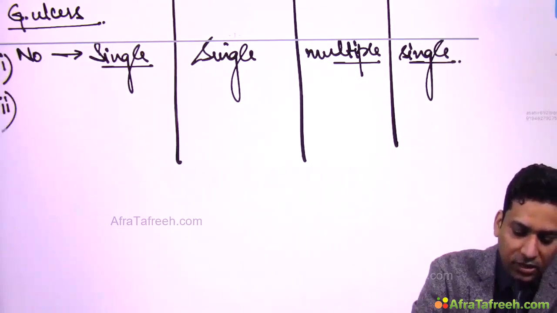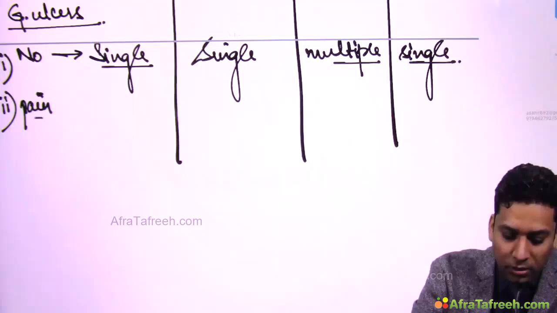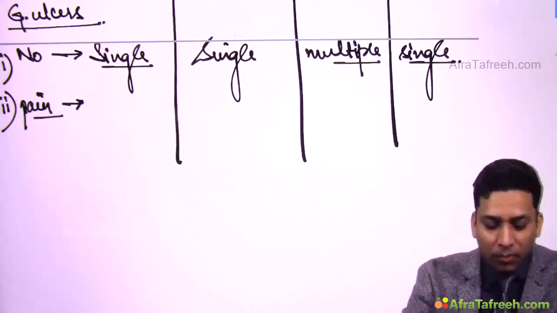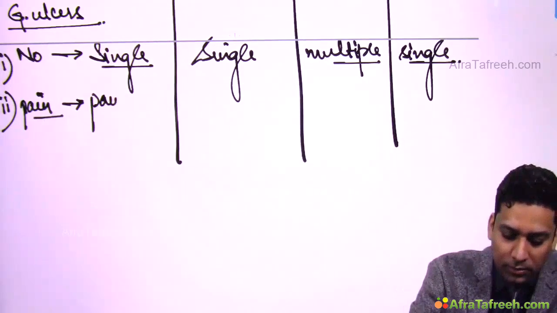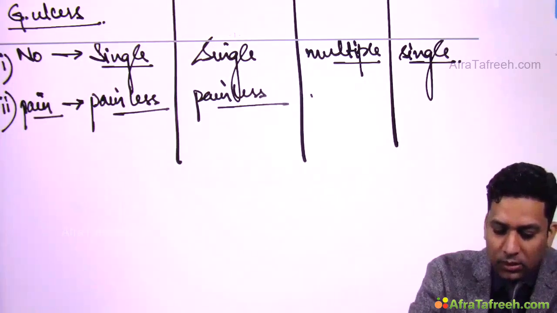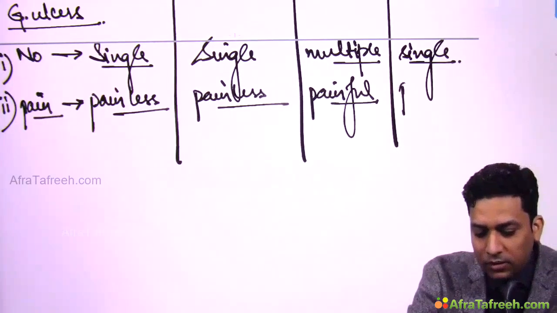Now, the second characteristic of the genital ulcer is, on palpation, look for any tenderness or pain. So syphilis is painless. LGV is also painless. Chancroid is painful, while donovanosis is also painless.